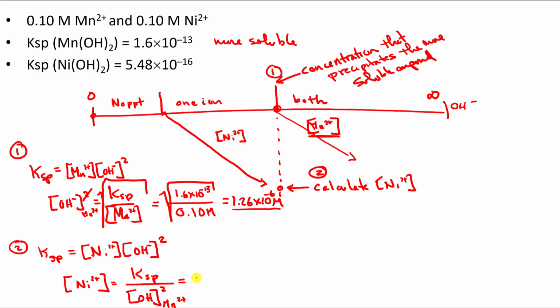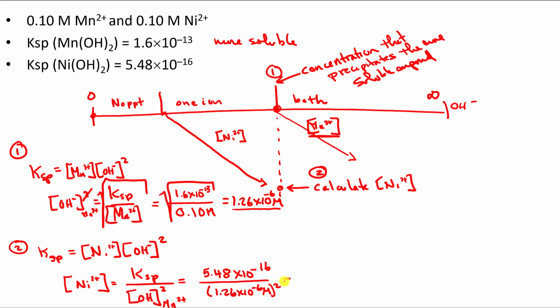It's that value there. And that's going to be 5.48 times 10 to the minus 16 divided by, and then the hydroxide ion concentration is this 1.26 times 10 to the minus 6 molar squared.